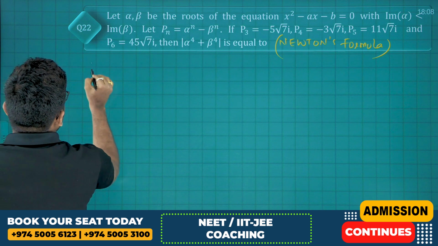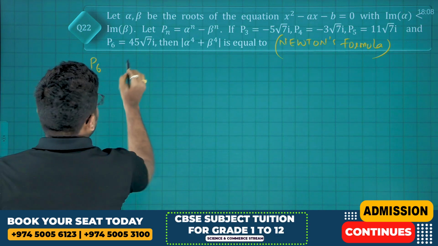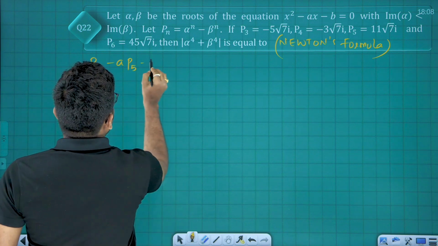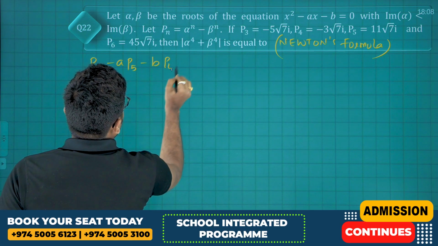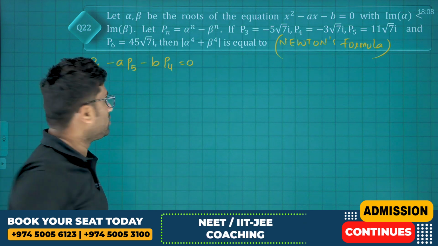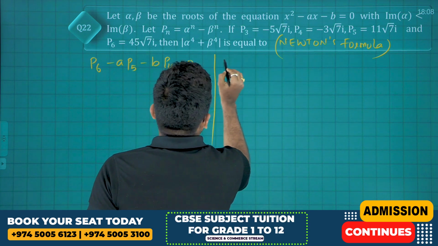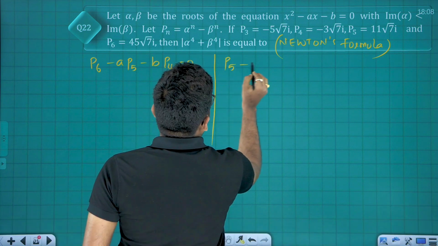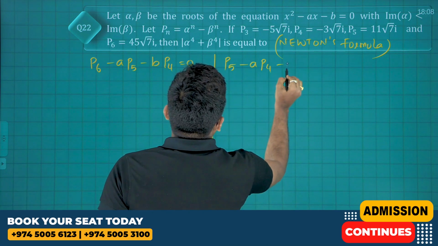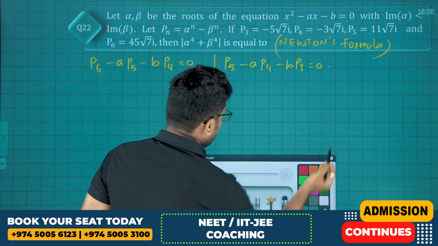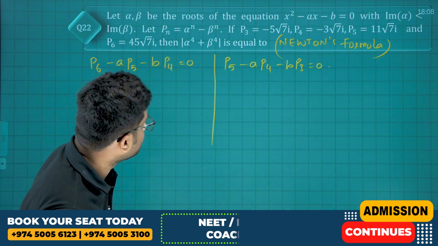So 1 into P6 minus a into P5 minus b into p4 is equal to 0. This we can write as one equation, 6, 5, 4, and another equation 5, 4, 3 also: P5 minus a into p4 minus b into p3 is equal to 0.